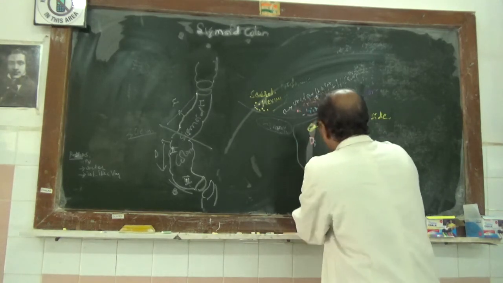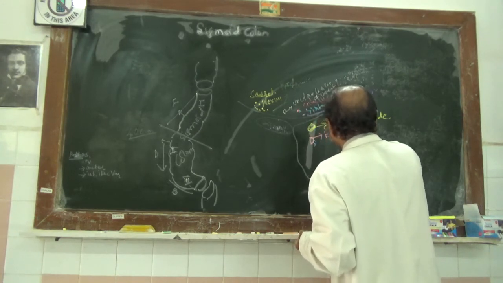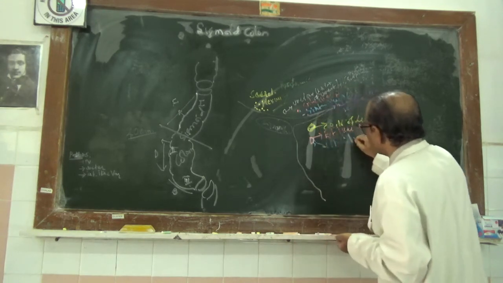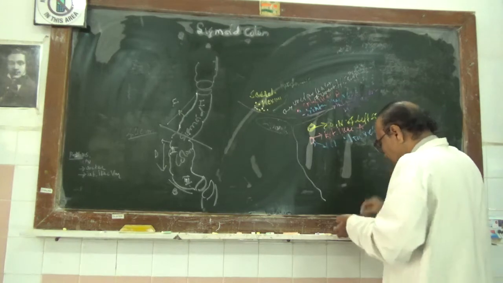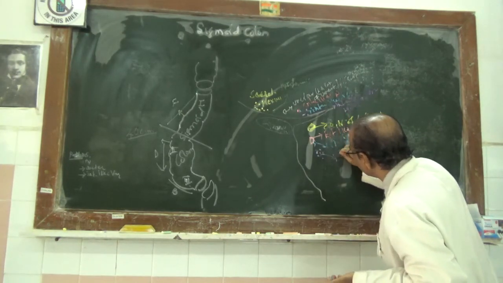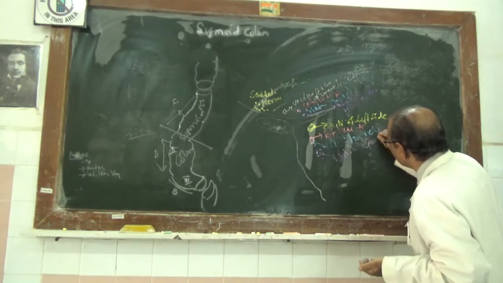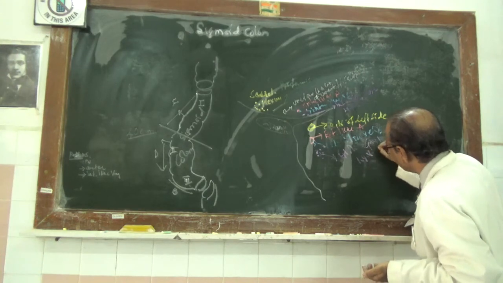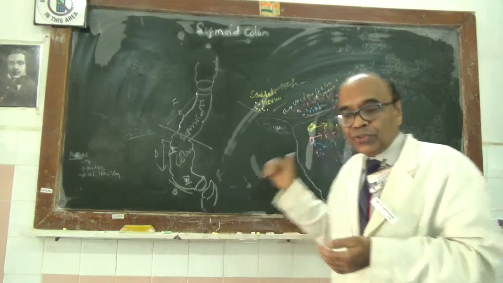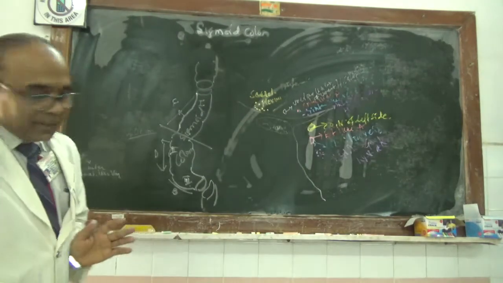This is the external iliac artery. This is the external iliac vein. Apart from that, the external iliac group of lymph vessels and the nodes. So this is what is there laterally.